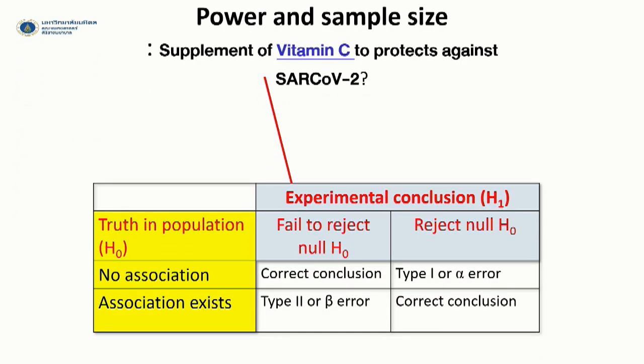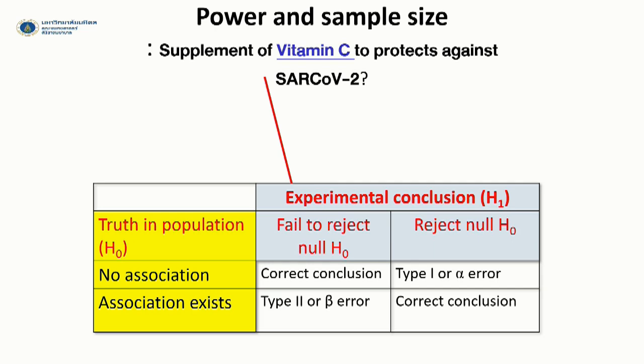Let's talk about the power and sampling designs. Like we talked before, our topic is supplement of vitamin C to protect against COVID-19, or the disease of our interest. There's many terminology in this slide. So, the 2x2 table. The truth in population is the truth that whenever we prove it, it's going to be true.